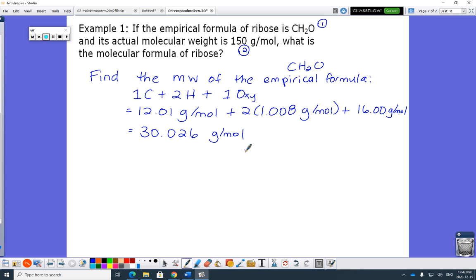And remember, we want to get a whole number. So if you do 30 divided by 150, you're not going to get a whole number. So then that's your clue: oh yeah, I got to do it the other way, 150 divided by 30. The ratio between.